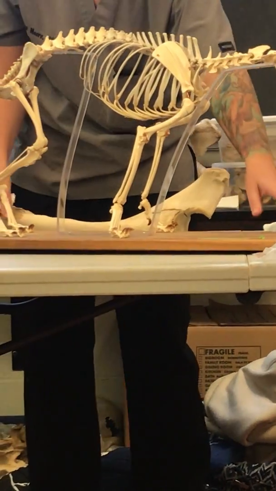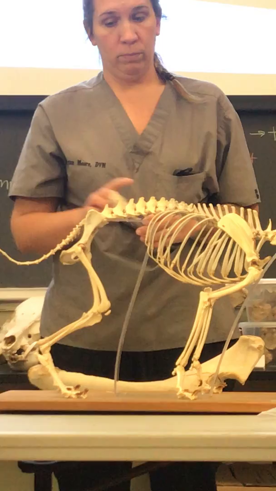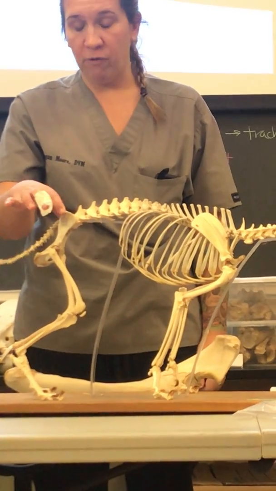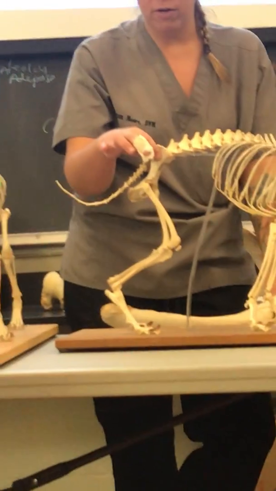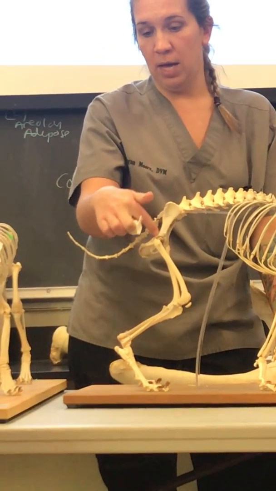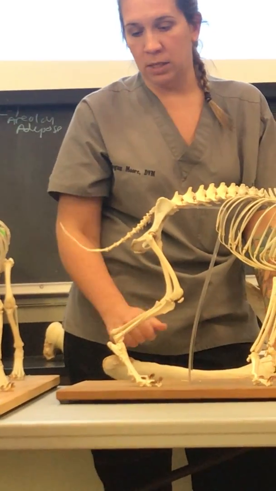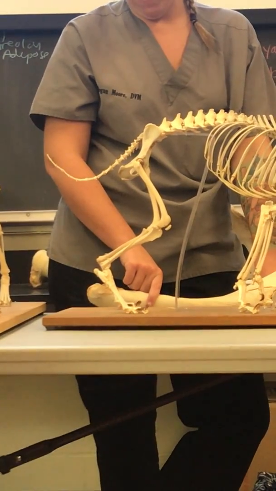Okay. So then we had our pelvic limb. So what did we need to know about our pelvic limb? The pelvis. Ilium, ischium, pubis. So the pelvis is made up of ilium, ischium, and pubis. So this is the ilium. This is the ischium, and this is the pubis. What else do we need to know about the pelvis?